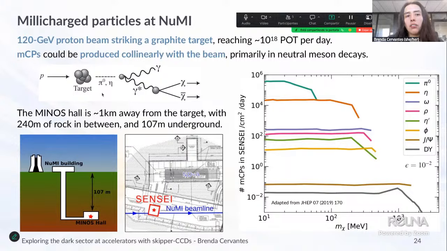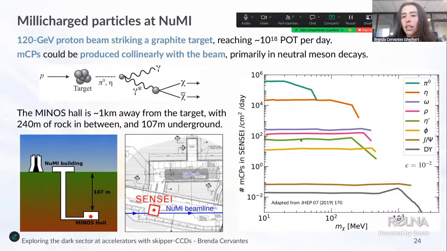But in NuMI, to create neutrinos, we strike a 120 gigaelectron volt proton beam towards a graphite target. It turns out that in this interaction, a lot of mesons are produced, and millicharged particles can be produced through meson decays, and they would be produced collinearly with the beam.